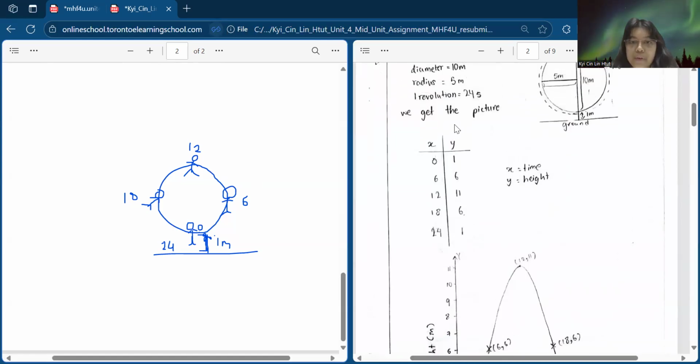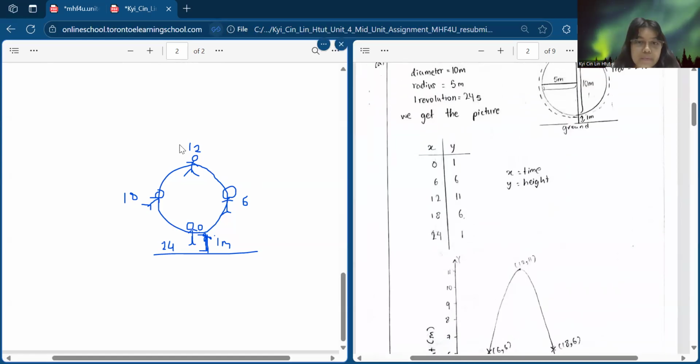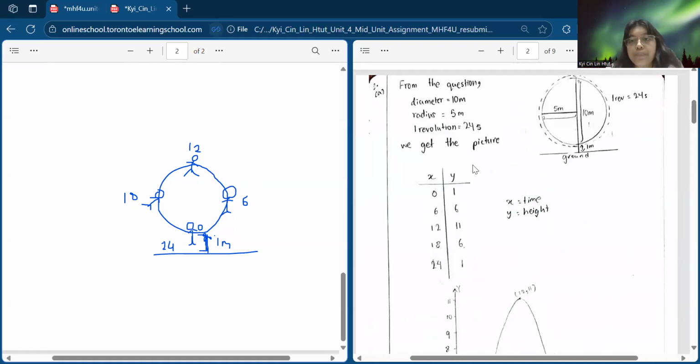Here I graph the same, I wrote down the same times that I talked about in this graph, which means 0, 6, 12, 18, 24. So actually, the Ferris wheel's highest point should only be at 10 meters.